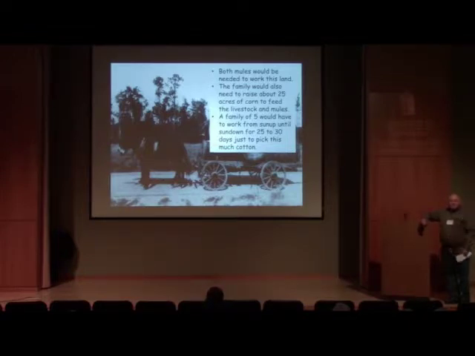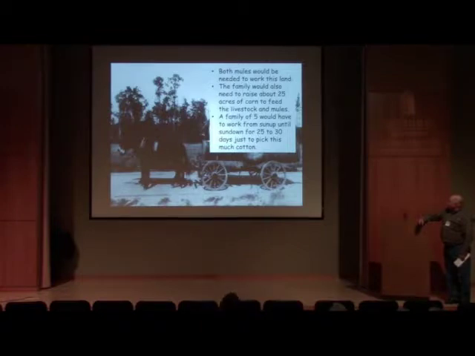So about 25 acres of corn, in addition to the 25 acres of cotton. So you've always heard about 40 acres and a mule. That's what it would take for a family to survive, about 40 acres and a mule. And you could survive if you could grow that much cotton and corn.